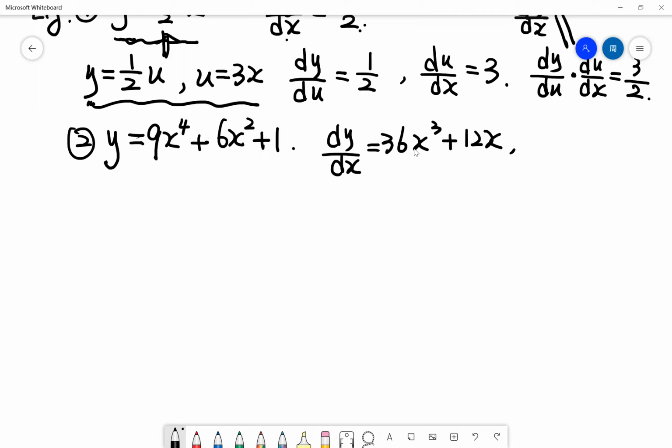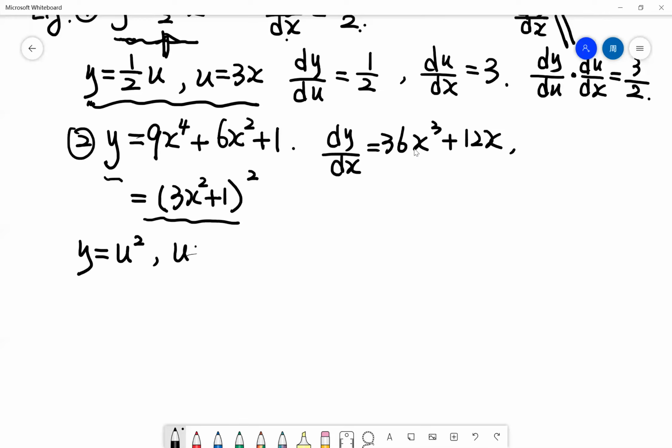And this function also can be treated as a composite function, because we can see that y equals 3x squared plus 1, all squared, right? So you can write this function as y equals u squared, and u equals 3x squared plus 1.